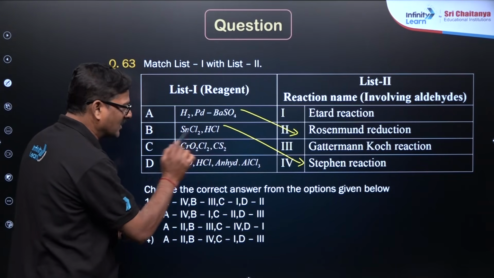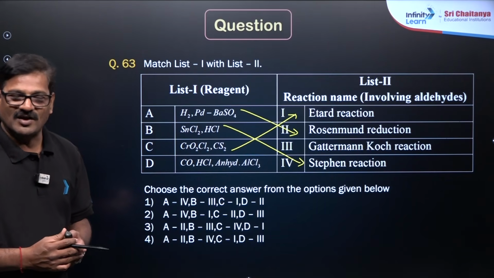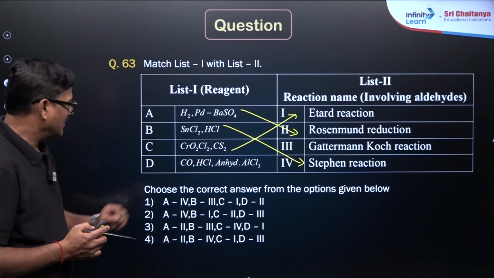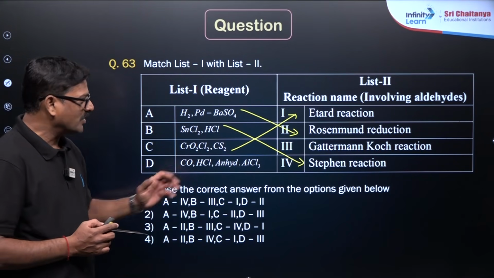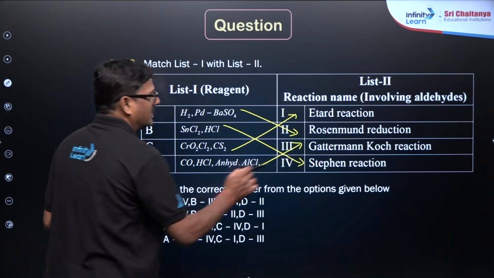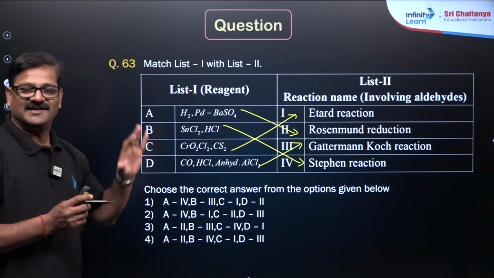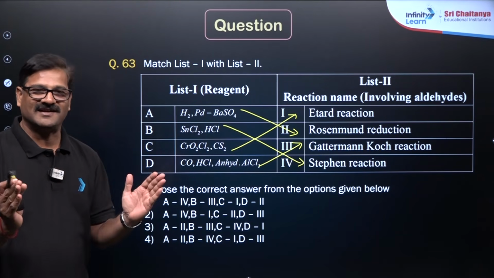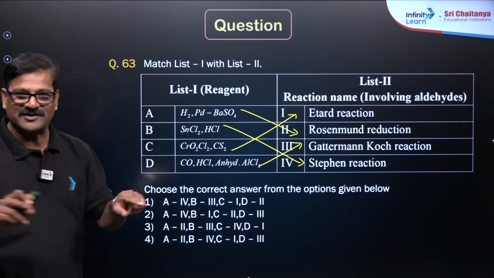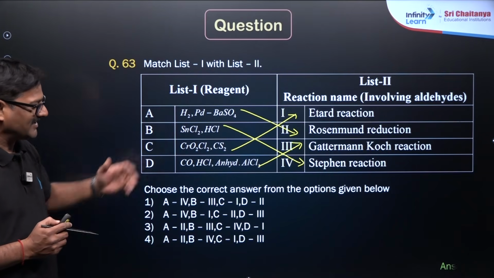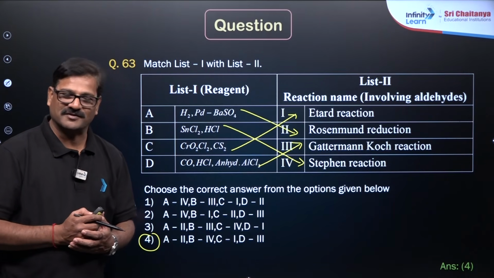And CrO2Cl2 in the presence of CS2, toluene is going to give rise to benzaldehyde, the Etard reaction. And CO, HCl, anhydrous AlCl3 and CuCl is going to give rise to the Gattermann-Koch reaction. So benzene is going to give rise to benzaldehyde. So these are the 4 reactions that are there in the NCERT on one page and the opposite side. From the single screenshot you can get it, and the correct answer from this, according to the explanation, is going to be 4.